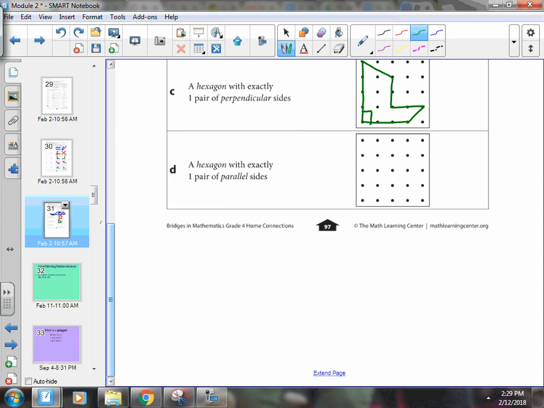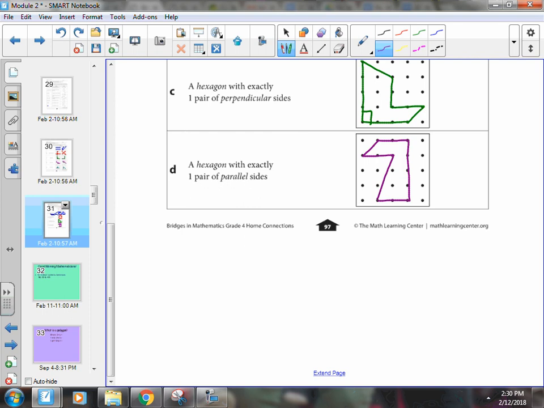And finally, a hexagon with exactly 1 pair of parallel sides. I'm going to make the top and bottom parallel. So that's 1, 2. I need 6 sides. 3, 4, 5, 6. So in this case, the top and bottom are parallel.